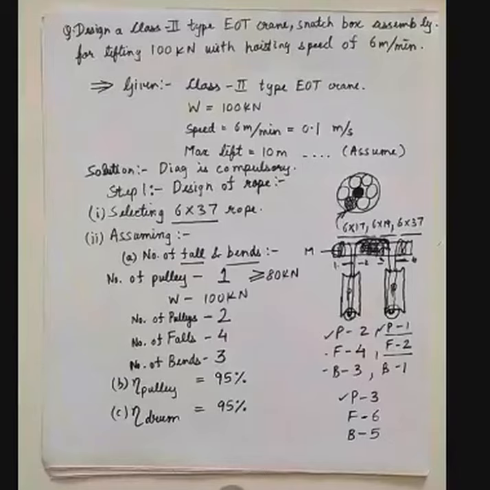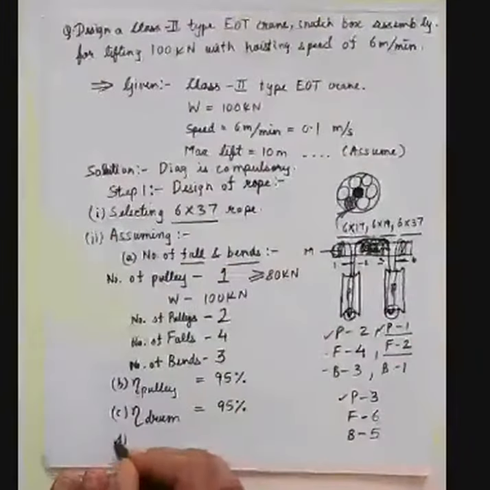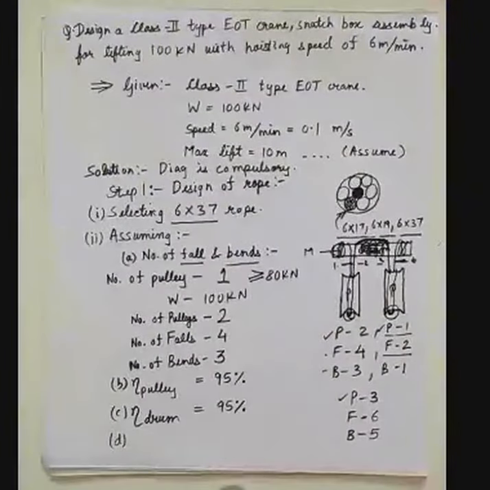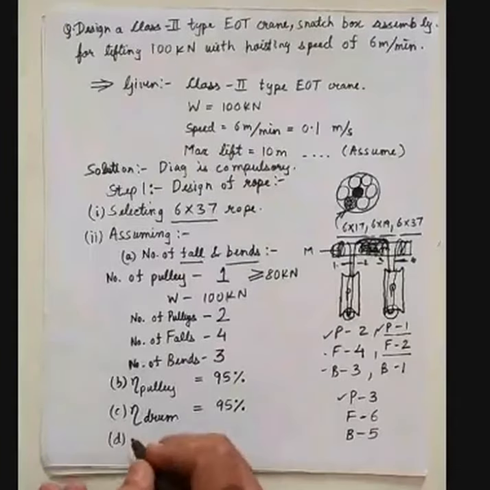Why is it required? I will tell you when the time comes why these efficiencies are assumed. And the last and most important assumption is the material for the rope.